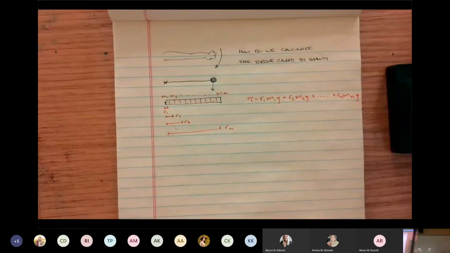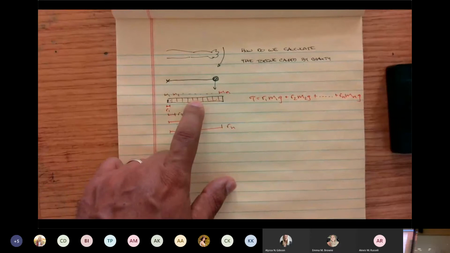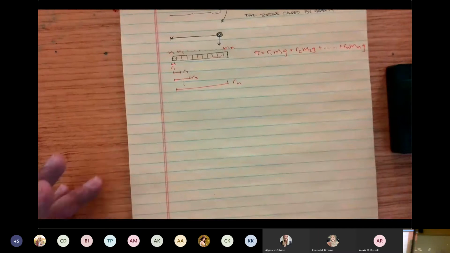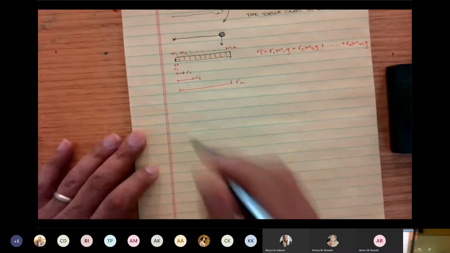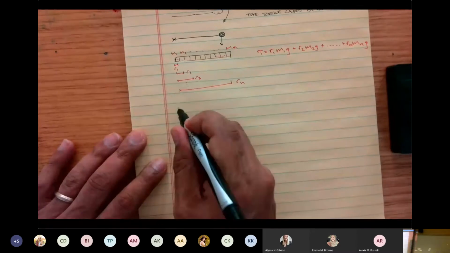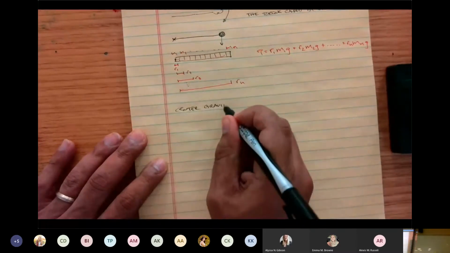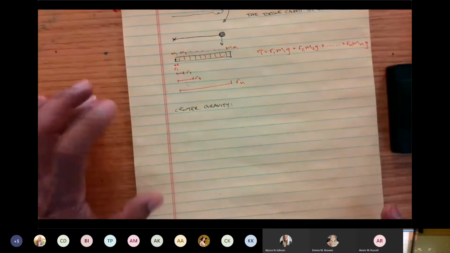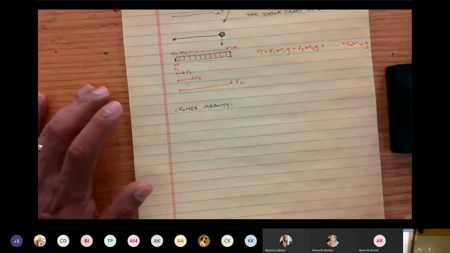But if you have something that has a very simple geometry, like a rectangle, or a triangle, or a sphere, or a circle, some simple geometric figure, what we're going to do instead is to use what's called the center of gravity. Okay, and the center of gravity is a location in space where the mass of the object is concentrated.